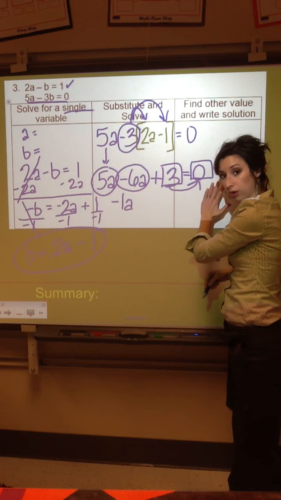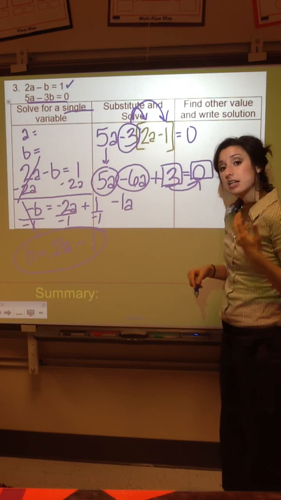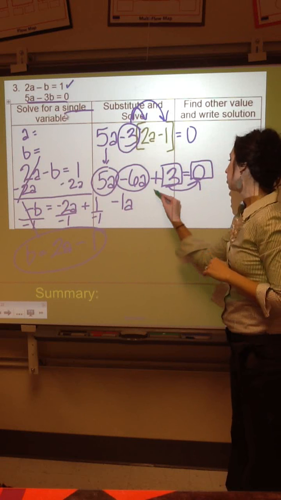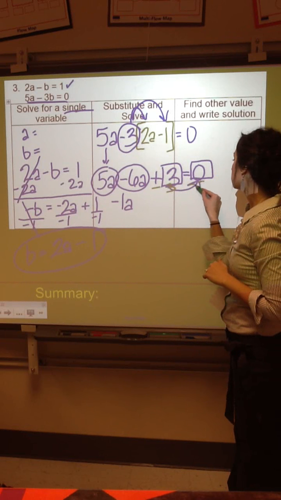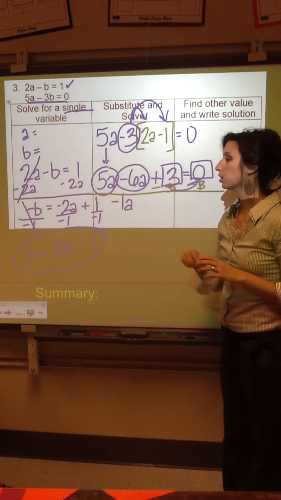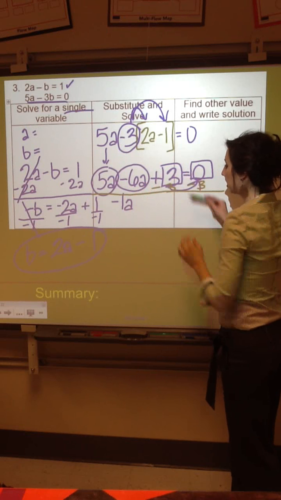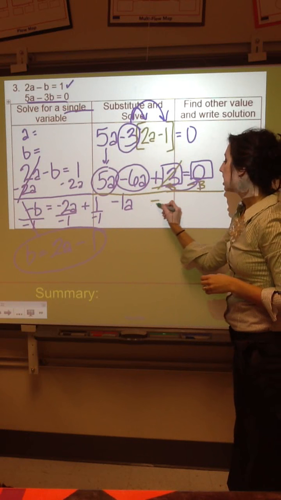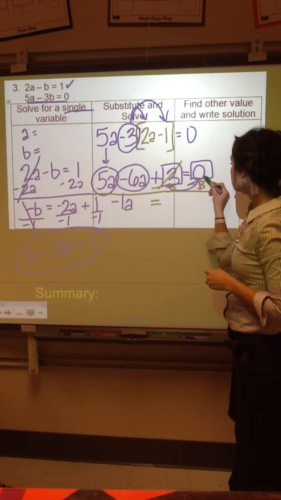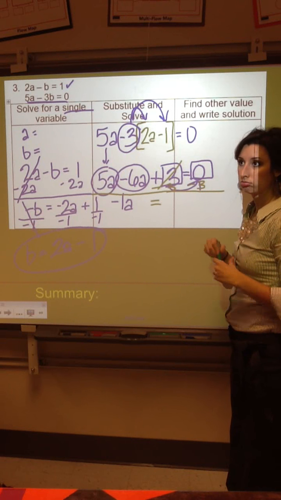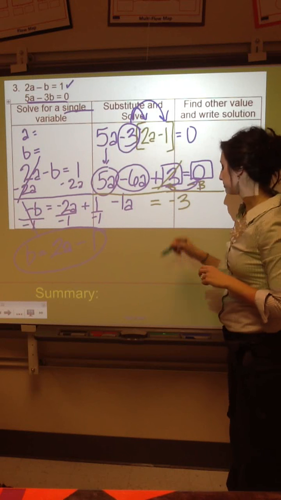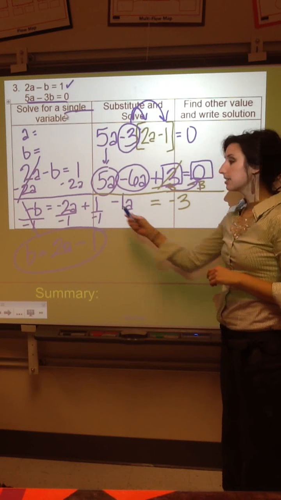I need these to the right. How do I cancel a plus 3? Minus 3, minus 3. Be sure that you draw your big line. Okay, I've already combined these, and now I've canceled these. So negative 1a equals 0 minus 3. Negative 3. Okay? It's a negative a.